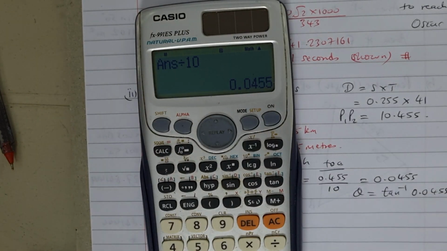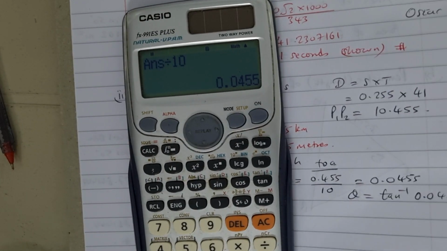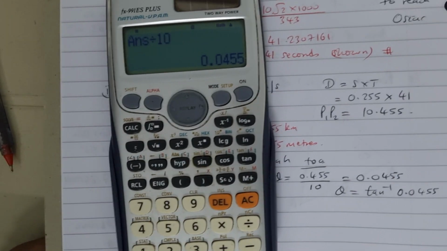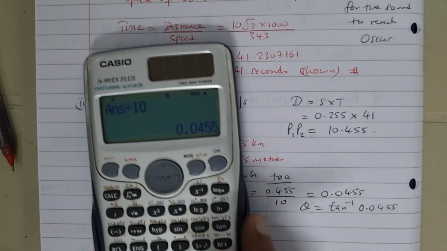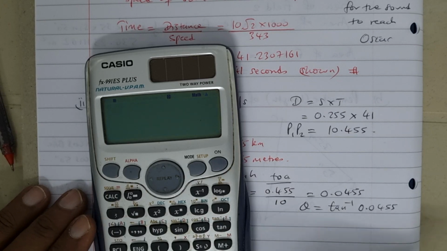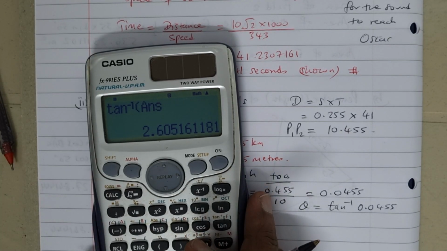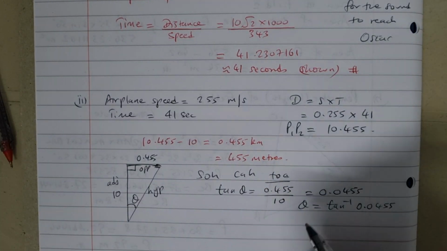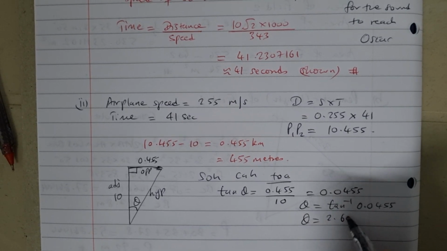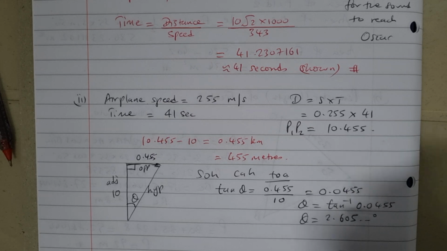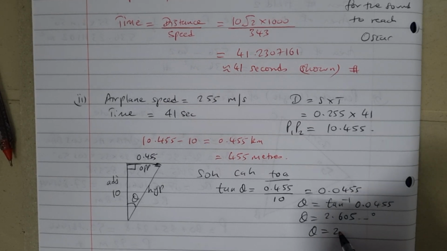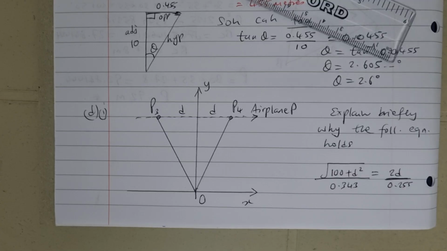So let's do this. Sorry about that. Just bring this over here. There we go, so you can see clearly. All right, and so tan inverse of it is going to be 2.605 degrees. So to one decimal place, you're going to get theta as 2.6 degrees.